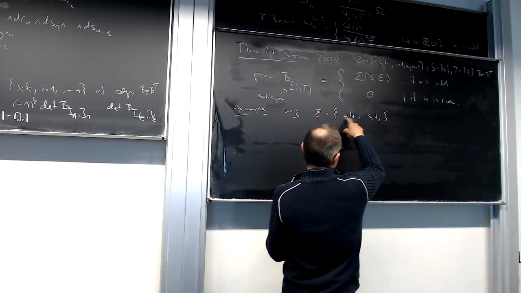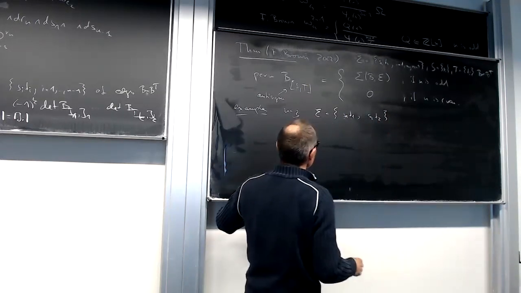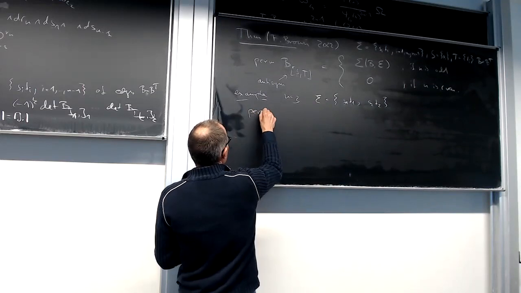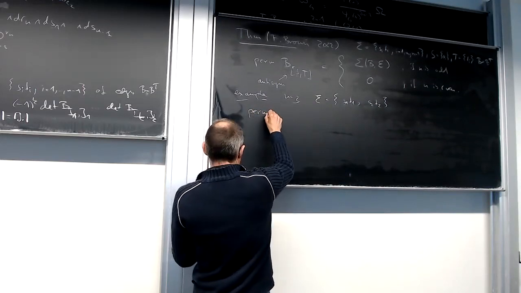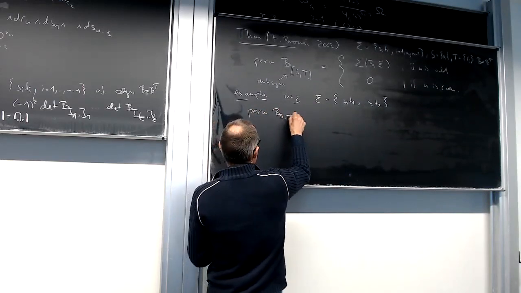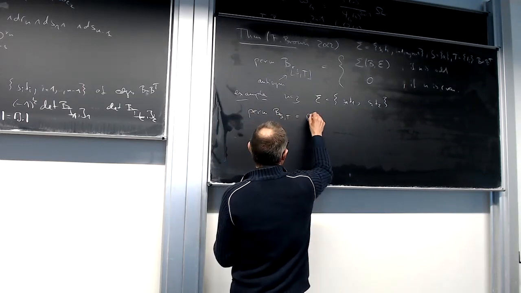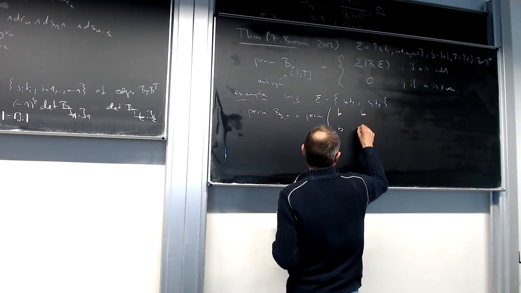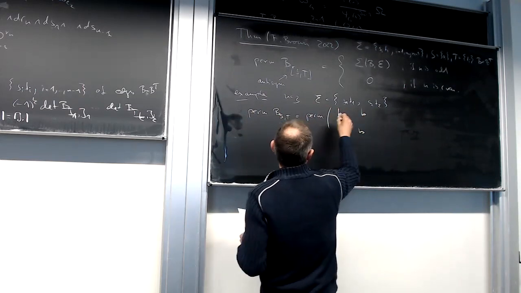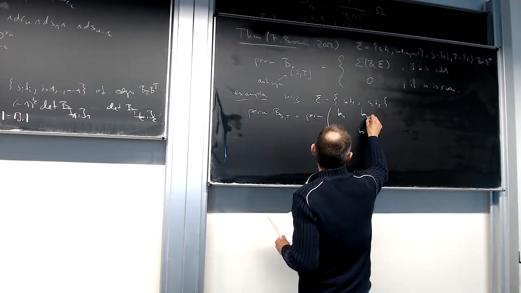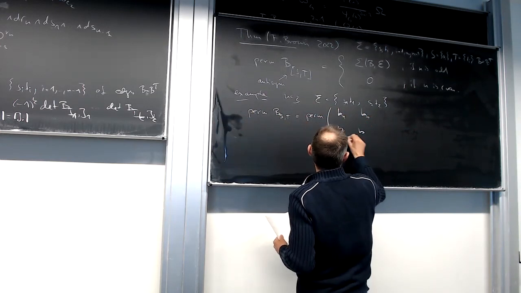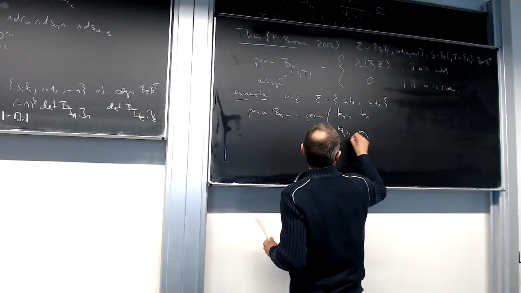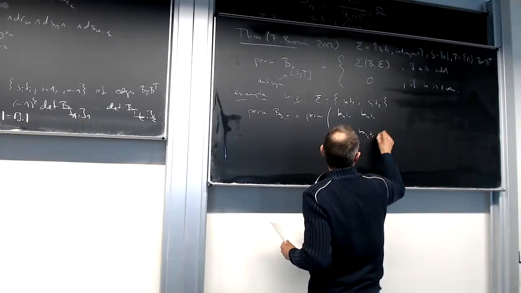You can specialize them to 1 and 2 and 3 and 4 or whatever. And then we have the permanent of B_ST. That's the permanent of the 2 by 2 matrix, B, B, B, B, in the rows S1, S1, S2, S2. The columns are T1, T1, T2, T2.